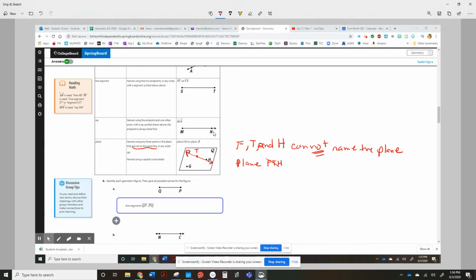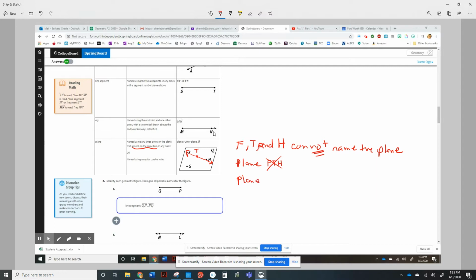And that is wrong, because FTH make a straight line. So you could use FTG, you could use FHG, you could use THG, you could use any combination of those three out of those four points, as long as you don't use the ones that are in a straight line. Okay. And the order in which you write the letters does not matter.